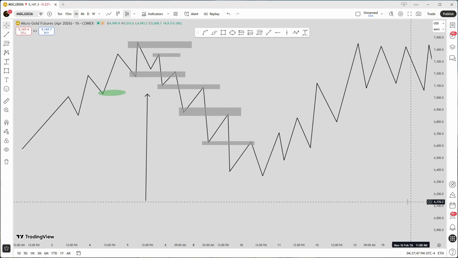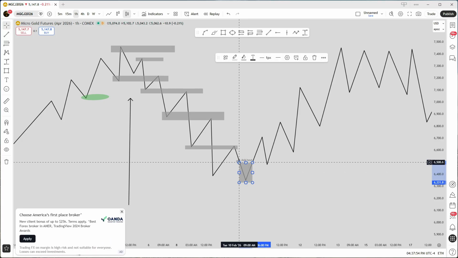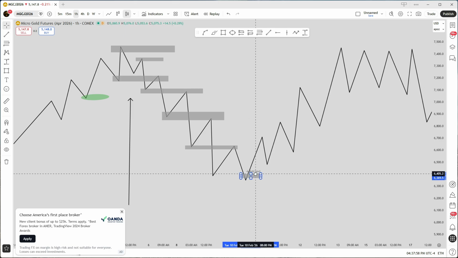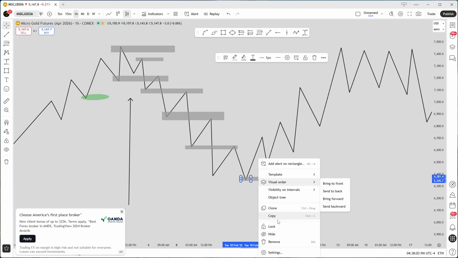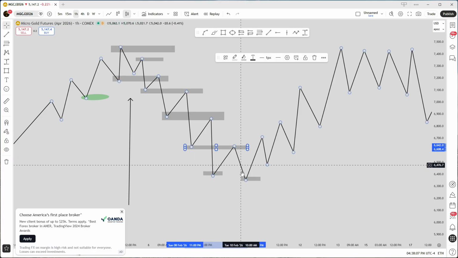But here things get tricky. We have a lower low and a lower high. Let's say this is the low, this is the last low, last high.